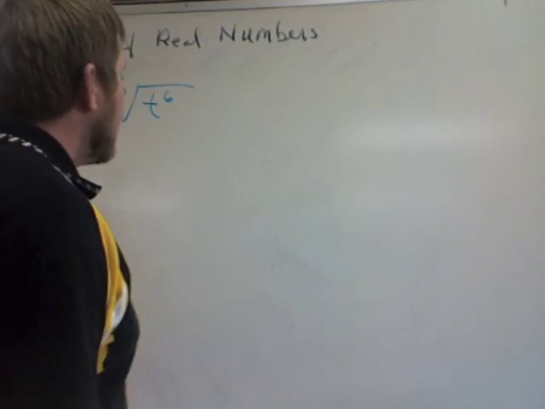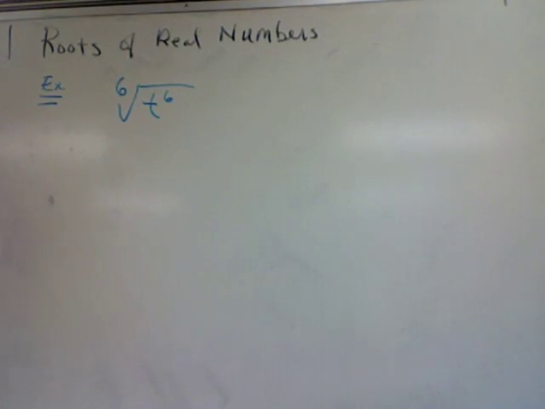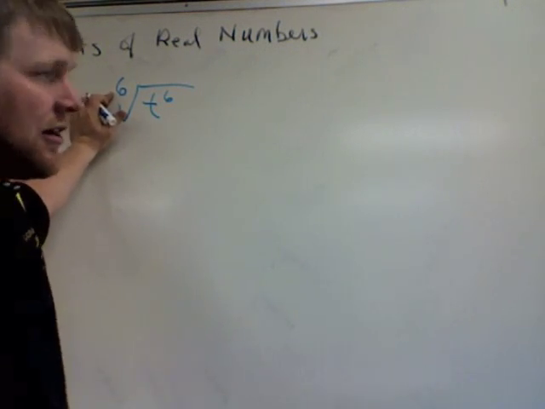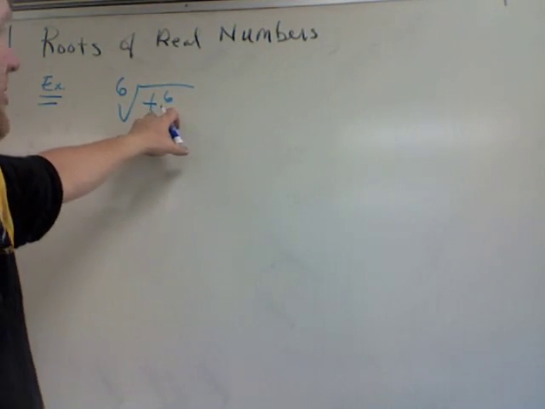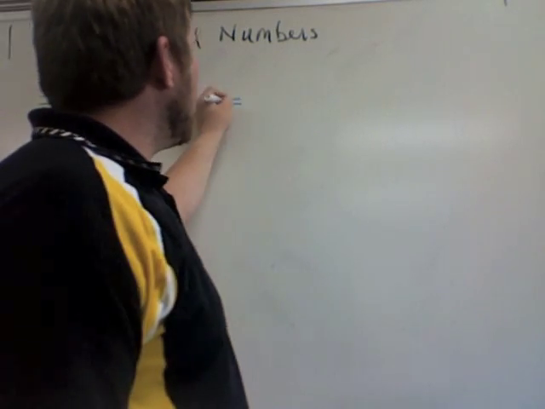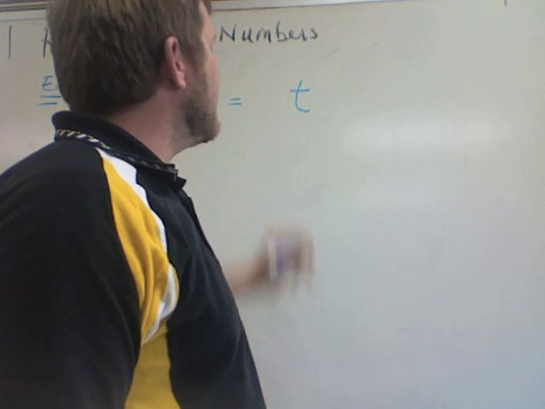All right? It's actually not that hard of a problem to evaluate, because if you notice here, the nth root undoes the power of 6. So you would think that you would end up just getting t here.